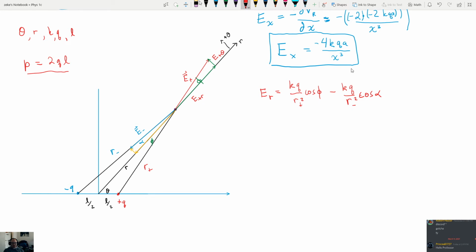Okay, so how are you going to do that? What do you all think? I know I just threw a bunch of stuff at you, so it takes some time to digest it, but how am I going to simplify this equation to get everything in terms of those variables up there?